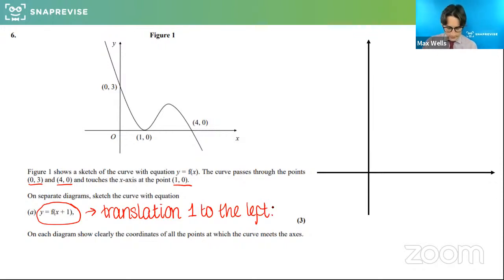Absolutely. Brilliant. Well explained. So basically those points, as some of us are suggesting, are going to just move over by 1. So it's going to move to the left by 1. And this point here, no, not there. Here it will now go through the origin. And it will have the same shape.